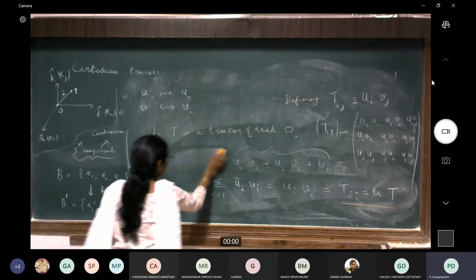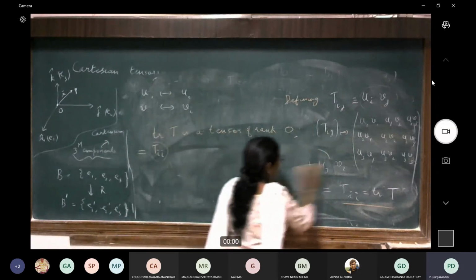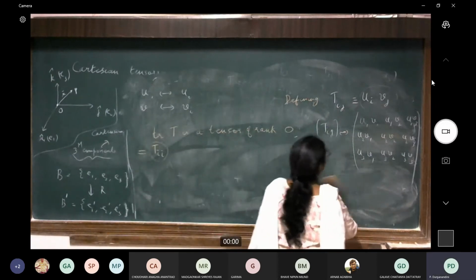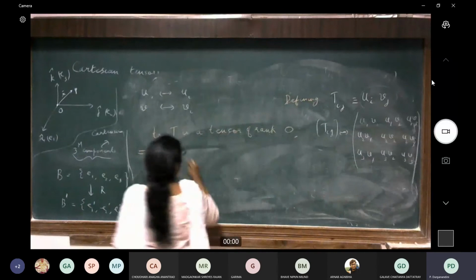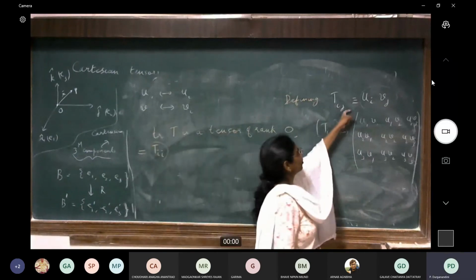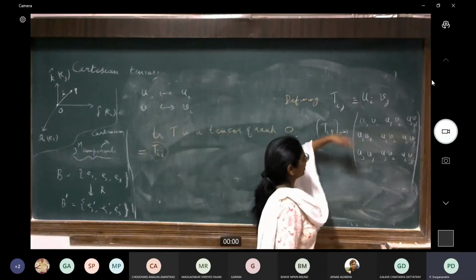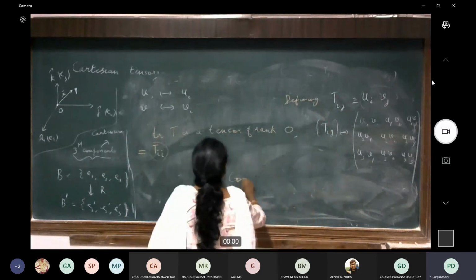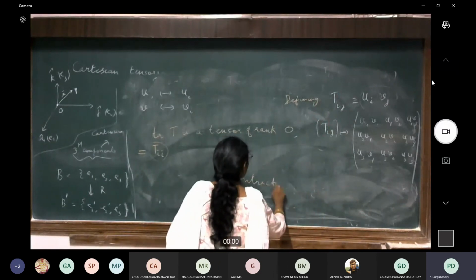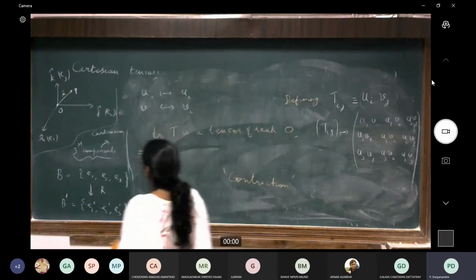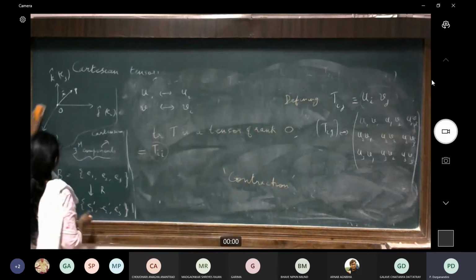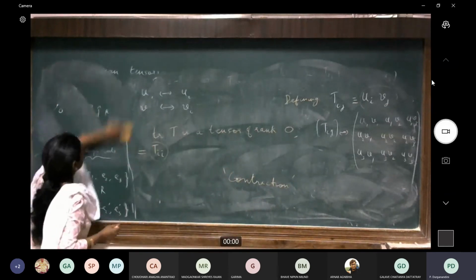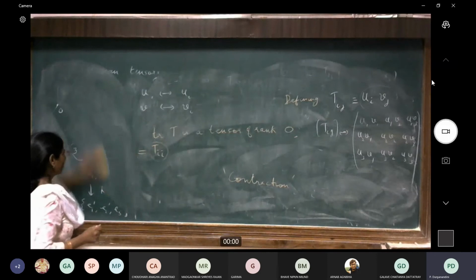And that particular operation is called a contraction. So this process where I put these two indices to be the same, and then because it's the same, I said that you have the summation, is called a contraction of the tensor. What you found here is that when I contracted this tensor T, I ended up with a tensor of rank 0.